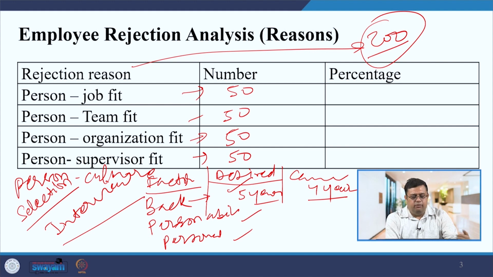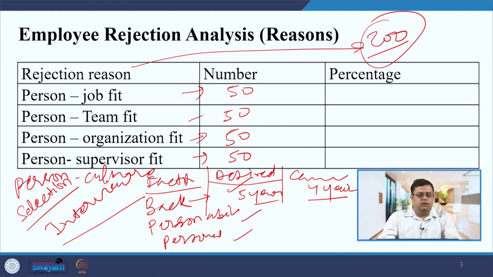If you know the reason for the rejection of your candidates, you can divide this data as per the source of recruitment also. If people are coming from a third party, or through employee referral, where is the high rejection rate? In which source is there a high rejection rate? A high rejection rate indicates that the candidates are not suitable for the job.